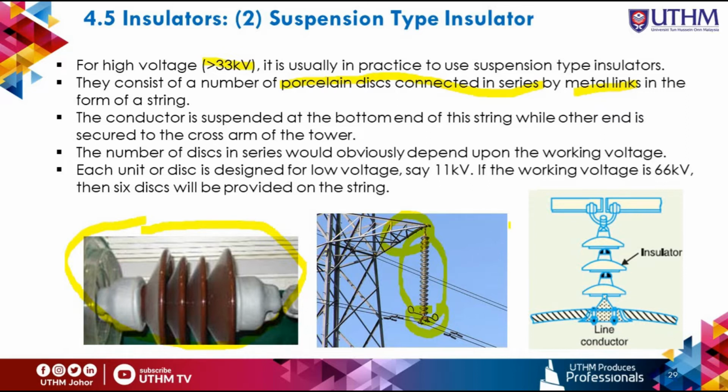Each unit is designed for low voltage, for example, say 11 kV. So if the working voltage is 66 kV, then 6 discs will be provided on the string. So the number of discs in series depends on the working voltage.